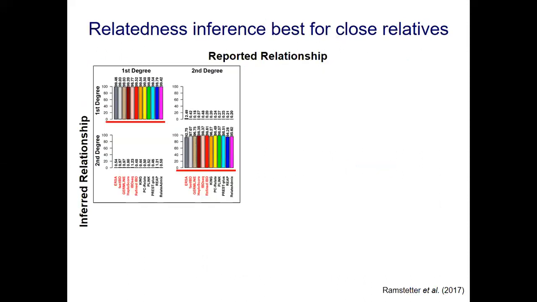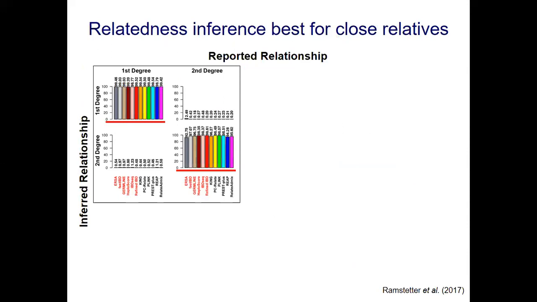Okay, with that now, I want to talk about relatedness and how to do relatedness inference well. Recently, we conducted an analysis where we compared 12 state-of-the-art methods for inferring relatedness between pairs of individuals.